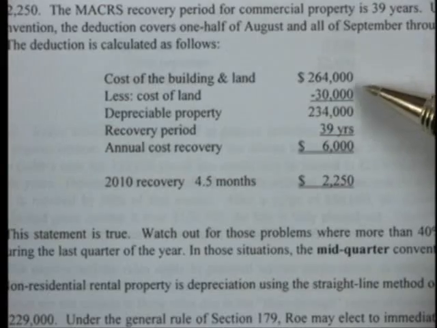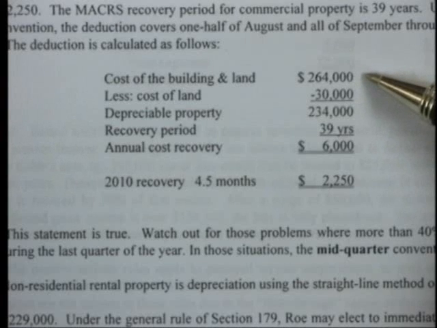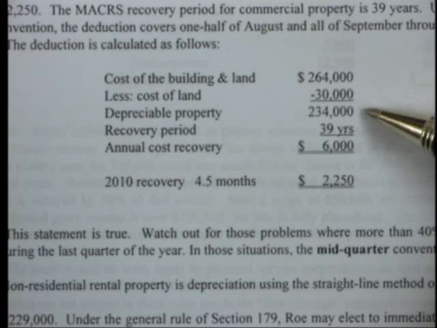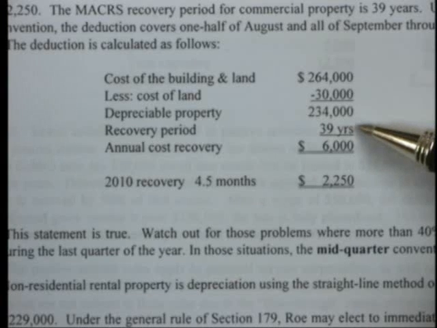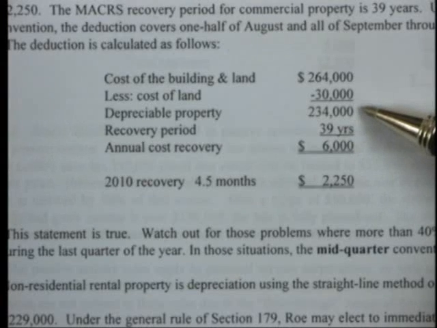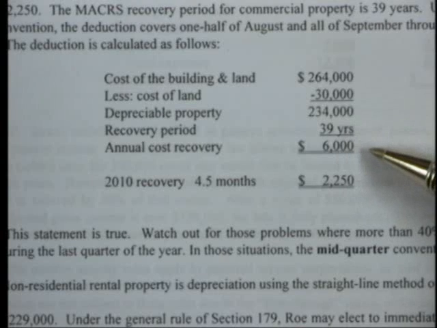And what the candidate had to do was this. You start with the cost of building and land of $264,000. Subtract out the land cost, and therefore you're then going to depreciate the $234,000 that's remaining. For commercial property, how many years do you have? 39. Now if you divide the 39 into the 234, you come up with a very easy annual cost recovery of $6,000. Now, how many months are you depreciating it for?